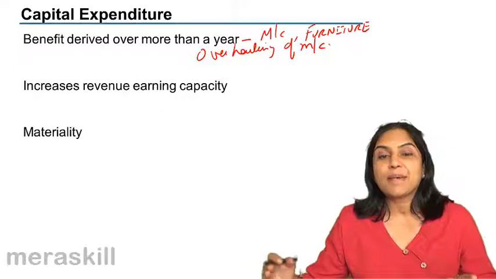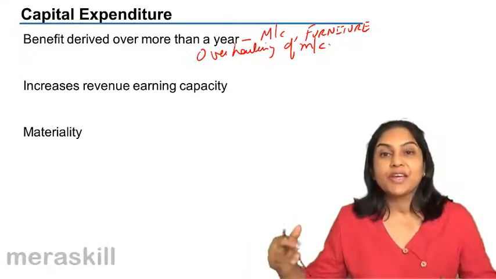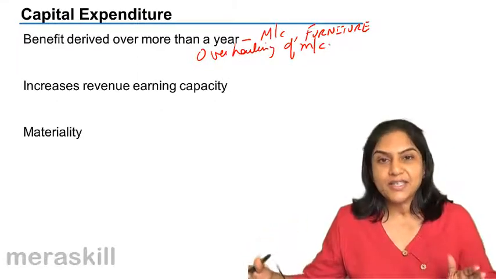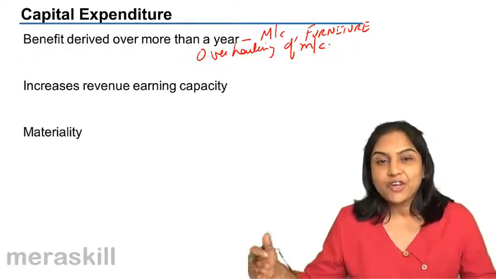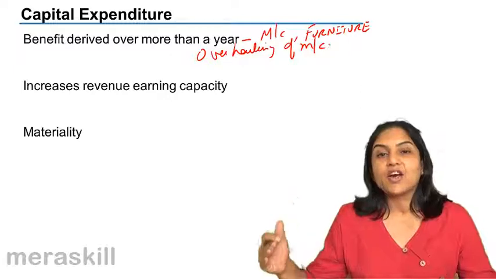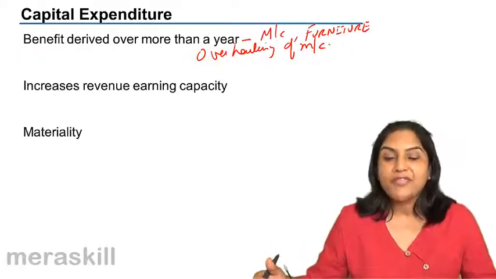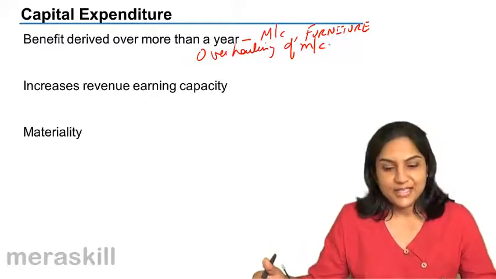Cinema hall seating capacity increased. If you have increased the number, the repairs have been done in such a manner that more seats have been added, the revenue generating capacity of the cinema hall has improved and therefore it becomes an asset.